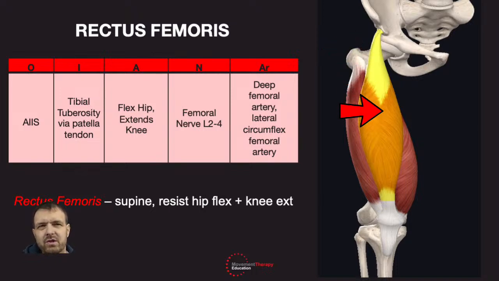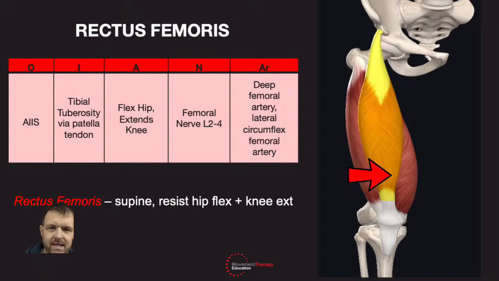It's different to nearly all the others on the front, because it crosses two joints. There are some other muscles that cross two joints, so I don't want to confuse you. But rectus femoris is one of the most injured quad muscles because it crosses two joints.